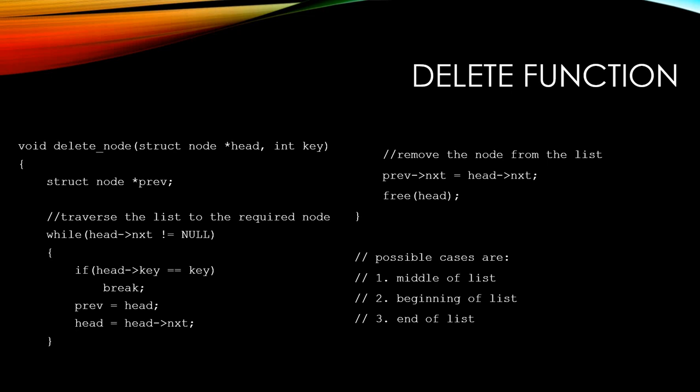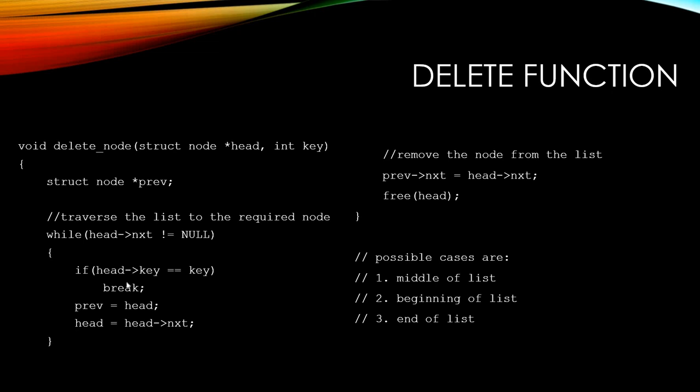Now we are traversing the list, so we have to go to the required node where this key will match, and then we'll delete that. At the very beginning, my head next is not equal to null, because I am at the very beginning of my list. Then if my head key is equal to key, only then I will break. That means I found the key that I want to delete.